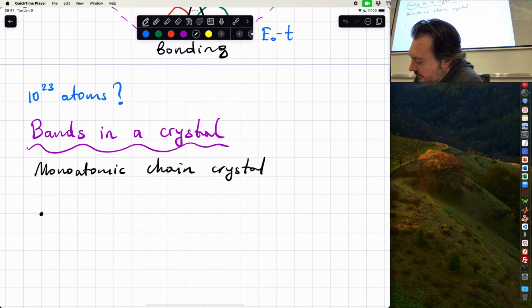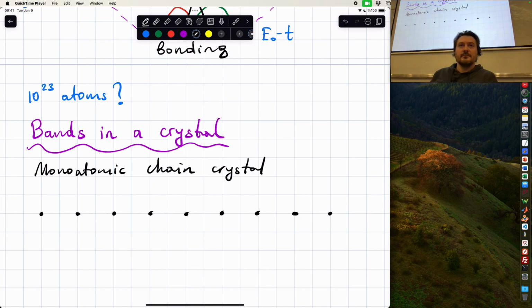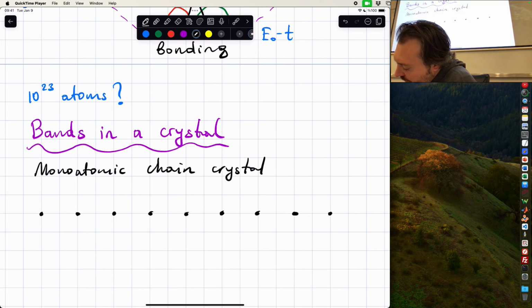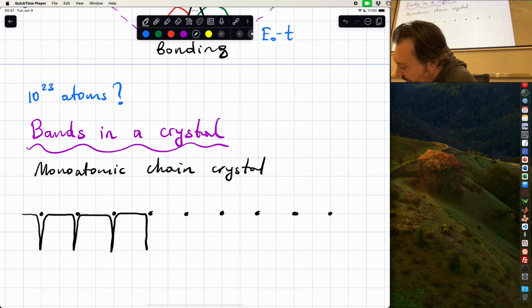So I have nuclei arranged like this, and it goes on forever. Okay? What does it mean? It means that the electron is seeing a periodic potential, and it goes on forever.